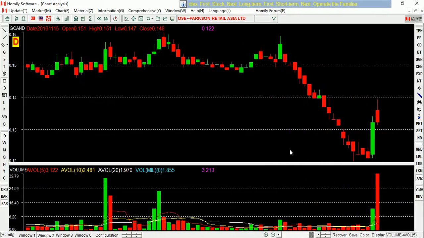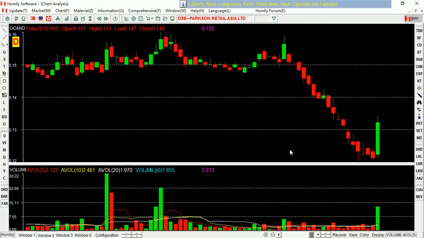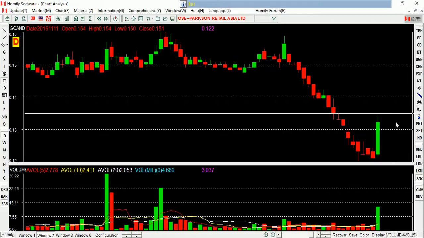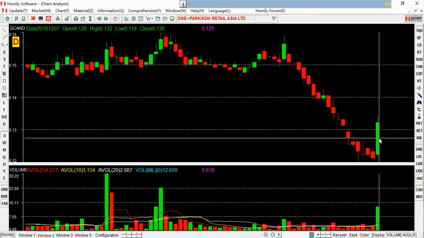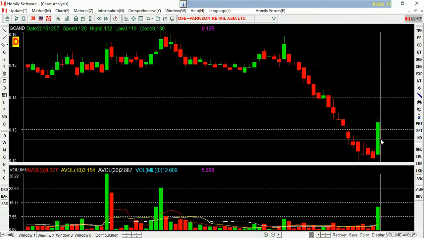So we can see here, if you see the price drop, then sideways, then suddenly the big bullish candlestick appears. So we should know where is the support and resistance and where is the banker cost. So we can see here, this is the big bullish candlestick. So half of the candlestick is the support price. So you should know the support price is 0.215.